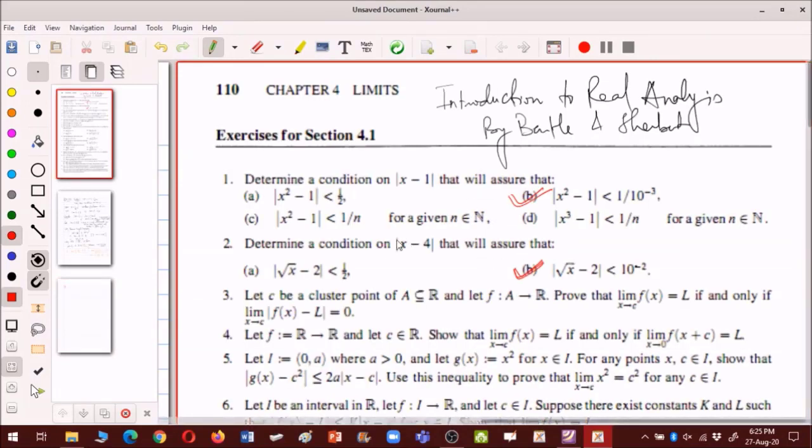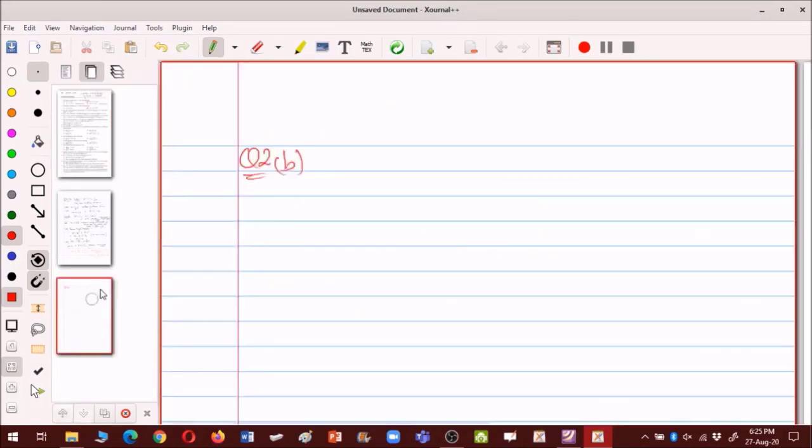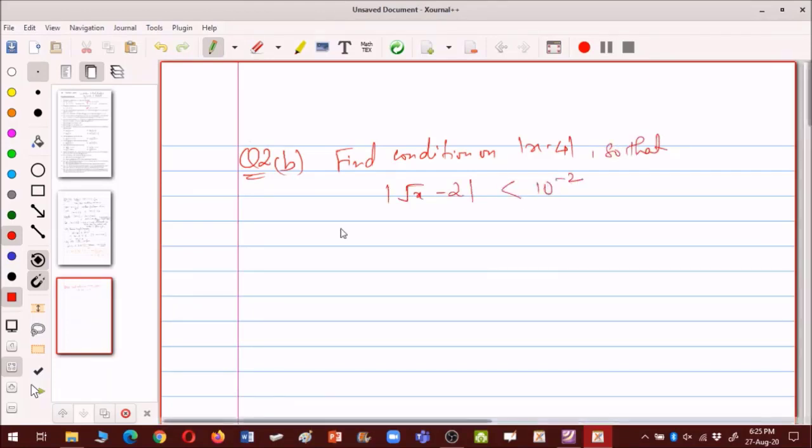And what is the question? I have to determine a condition on x minus 4 so that root x minus 2 is less than 10 to the power minus 2.